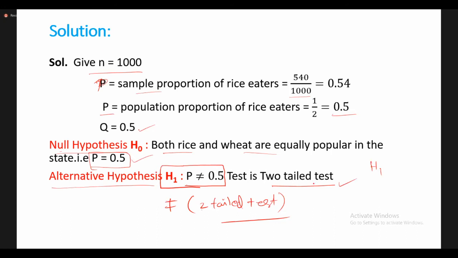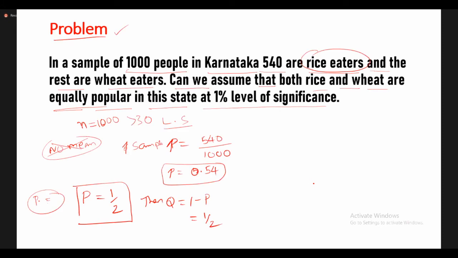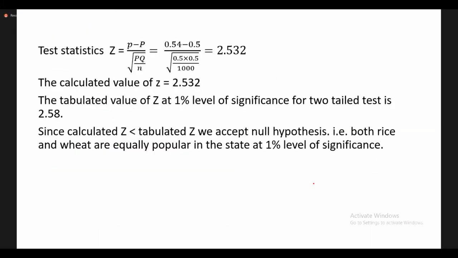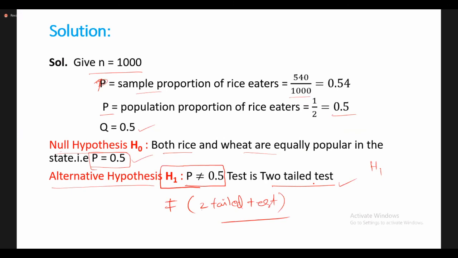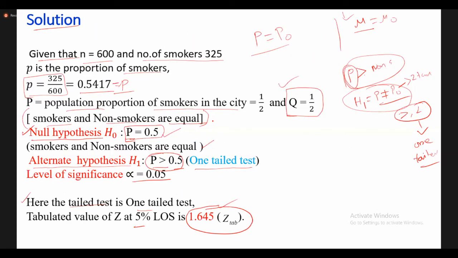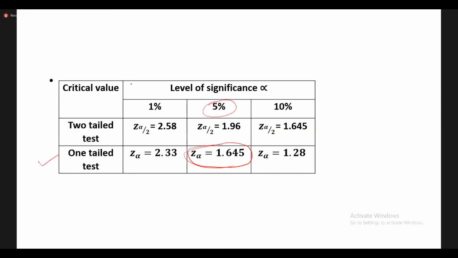Once all of you see that question, alpha is given as 1%. Alpha is the level of significance. 1% means 0.01. All of you see the table. Alpha is 1%, and the tail test is a two-tail test.